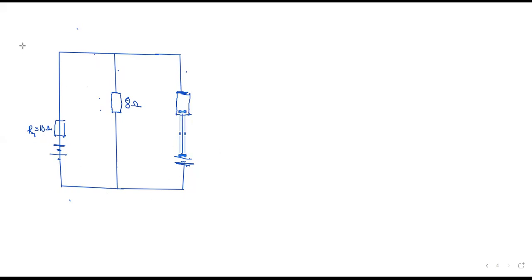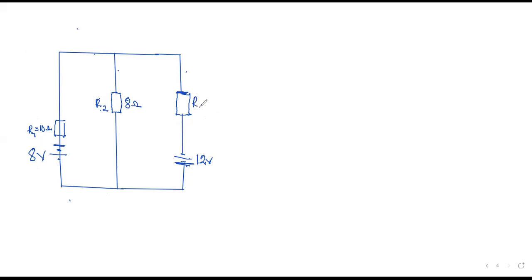And this is 12 volts. This is 8 volts. Internal resistance 0. This is R2.